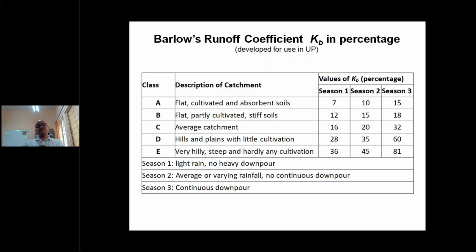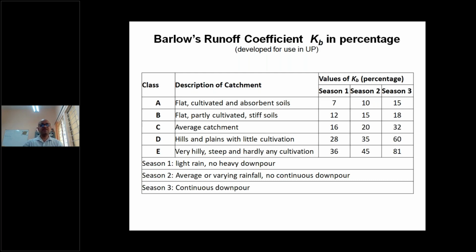He has done this analysis for various seasons also. Season 1 is light rain, no heavy downpour, so maybe he's talking about winter rainfall. Season 2 is average or varying rainfall, but no continuous downpour, so maybe summer. Season 3 is a continuous downpour, so he's talking about the monsoon season.